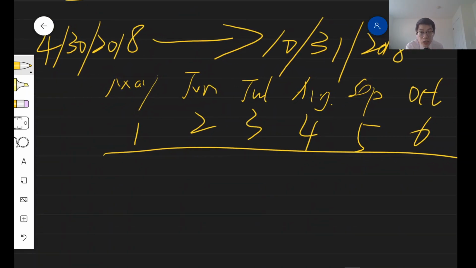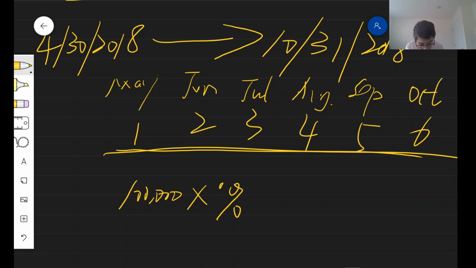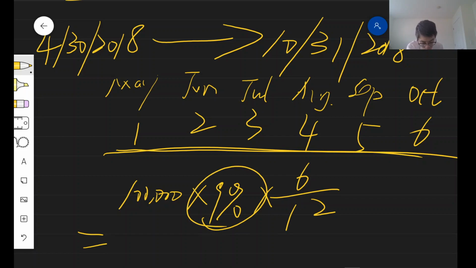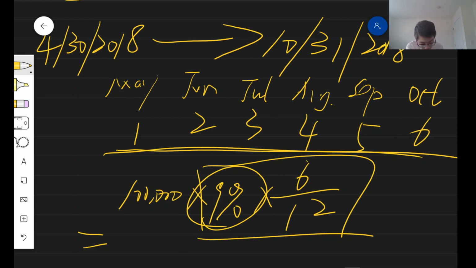So now let's calculate the interest revenue for these 6 months: $100,000 times the interest rate of 9% times 6 months over 12. Remember, this interest rate is an annual interest rate, and by having this month fraction factor, we get the 6-month interest.